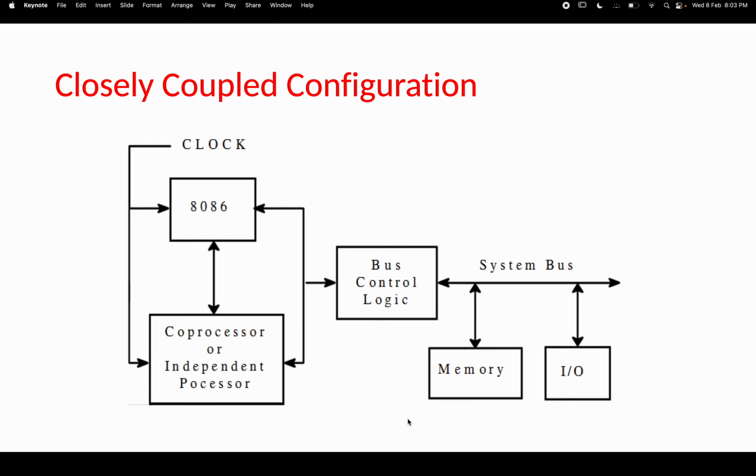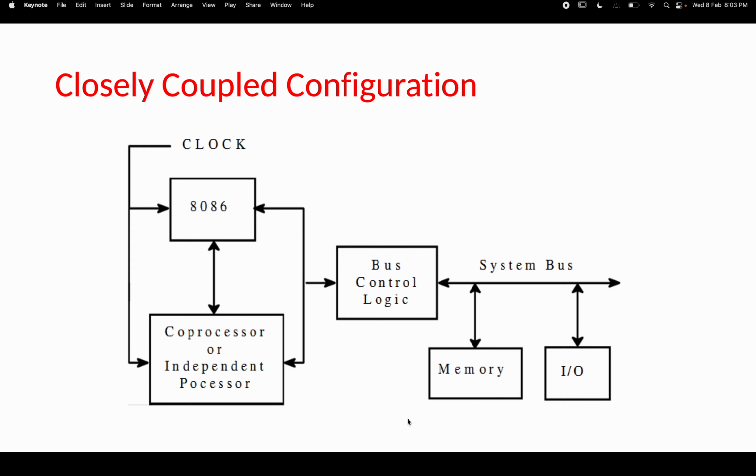Next we will see the closely coupled configuration. The difference between closely coupled configuration and the coprocessor is that in the coprocessor, only the main processor will fetch the instruction. The coprocessor will just get the data from 8086 and do the required sequence of operations. In closely coupled configuration, both 8086 and the independent processor can fetch and execute the instruction.